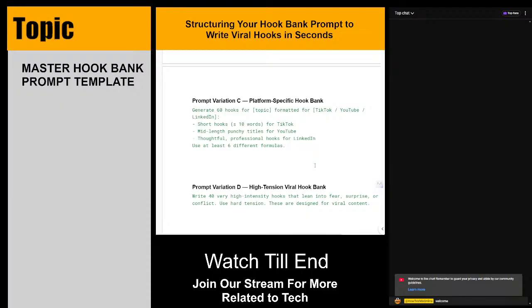Then the second mistake made by people is that the hooks are too long, and long hooks lose punch. Now, how to fix it? Constrain word count in your prompt, where you can say maximum 20 words. Then the third mistake made by people is vague language.